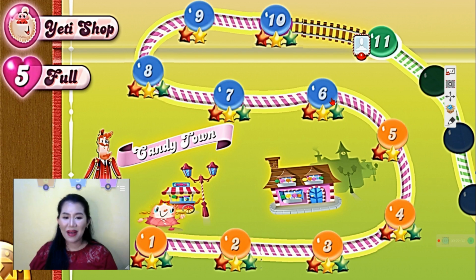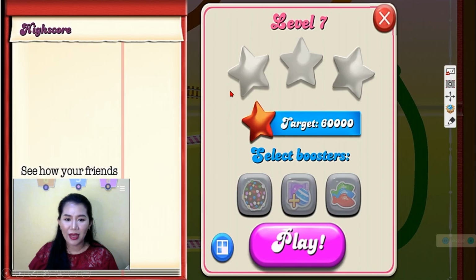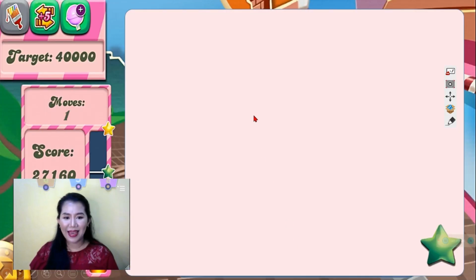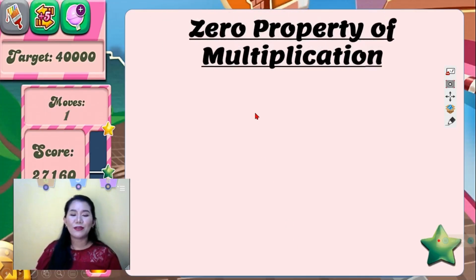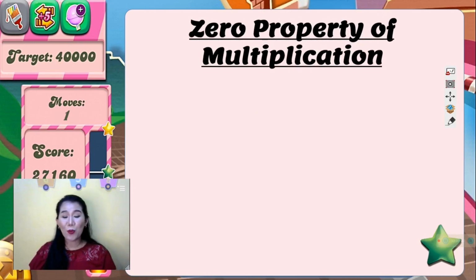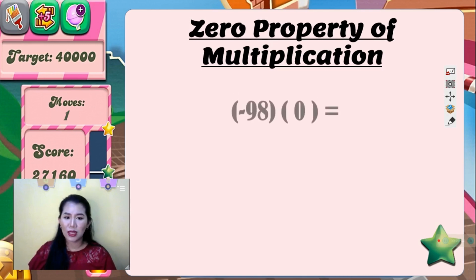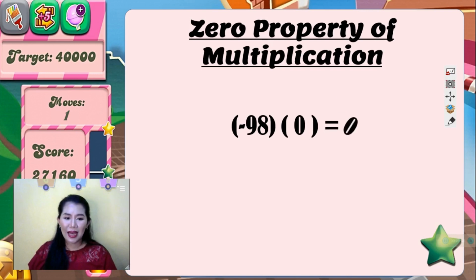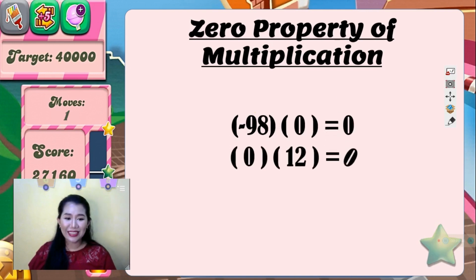Okay, so let us now have, alright, level 7 na tayo. Yay! Okay, let's play. For level 7, we have the zero property of multiplication. Ano naman daw ang sinasabi sa zero property of multiplication? Ito, madali lang. Ano man na number na minumultiply mo at ang isang factor mo ay 0, the answer will always be 0.